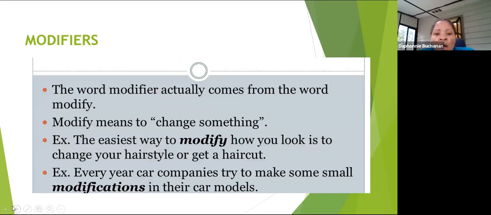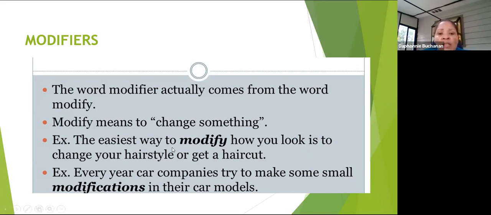Okay, so now we're gonna talk about modifiers. And a lot of you use these in your writing. And sometimes when I'm working with someone, I have to take them out because it makes it too many words, and it just messes up some of your flow. Modifiers are not always used, or needed for that matter.